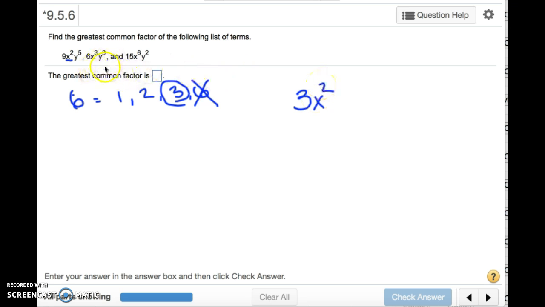And then I look at the y's separately. I have 5 y's, 3 y's, and 2 y's. So the smallest out of those exponents, the number that they would all at least have, is going to be y squared. So that's how we find the greatest common factor if our terms have variables.